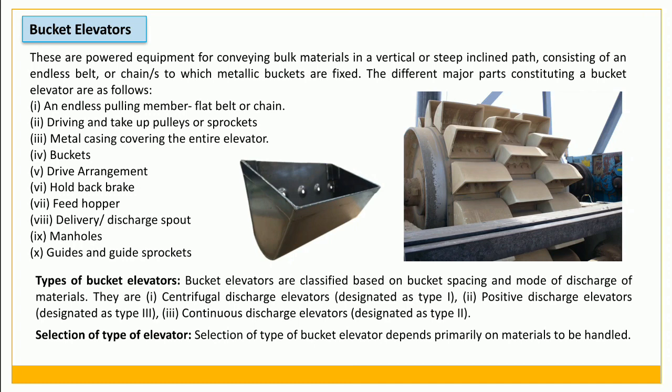Then there is the feed hopper, attached to the boot for feeding materials to the elevator. Then there is the delivery or discharge spout, fixed at the top part of the casing, through which the material is discharged. The next one is the manholes, provided at the casing to check the operation of the elevator. And the last one is the guide and guide sprocket, provided for the belt and chain respectively to keep them in a straight path.